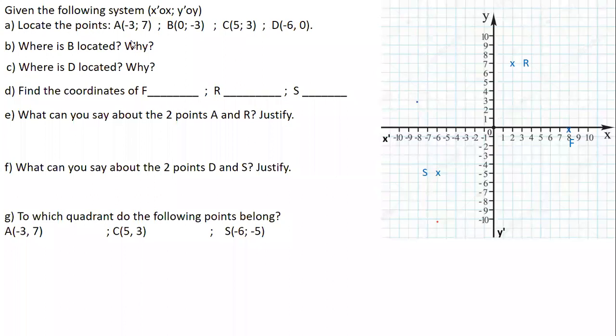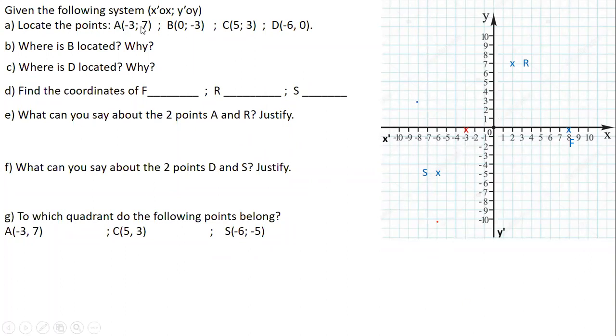Okay, let us start Maya with point A. I want to locate A(-3, 7). -3 is the abscissa, of course it is located on x prime or x at -3. This is the -3, so I make an x on the -3.